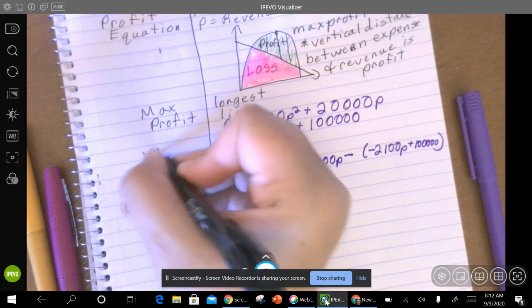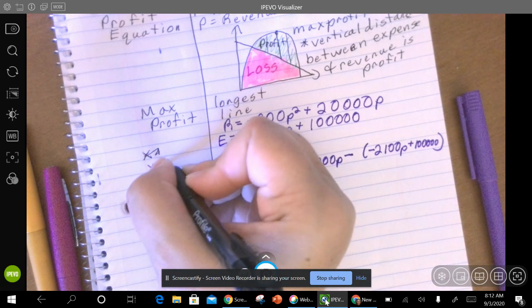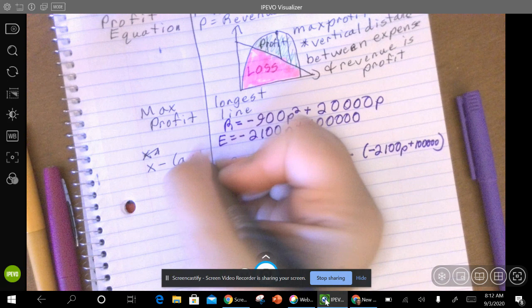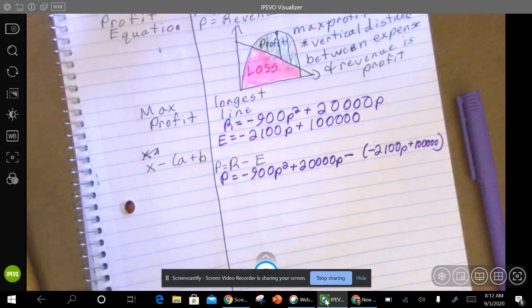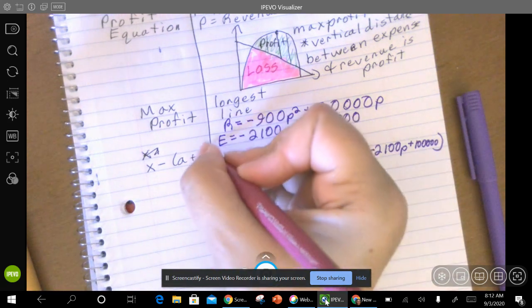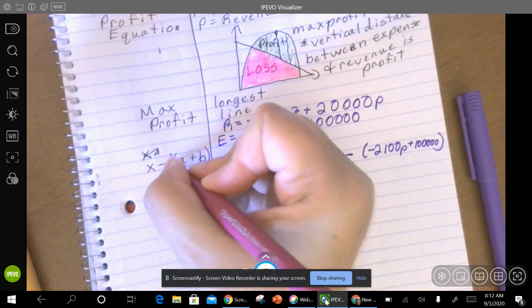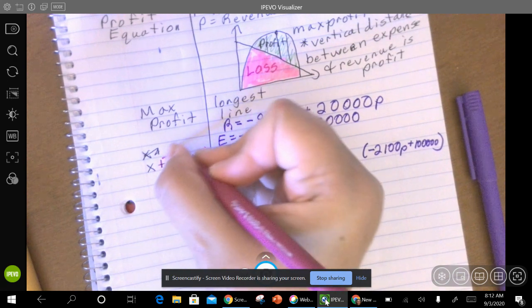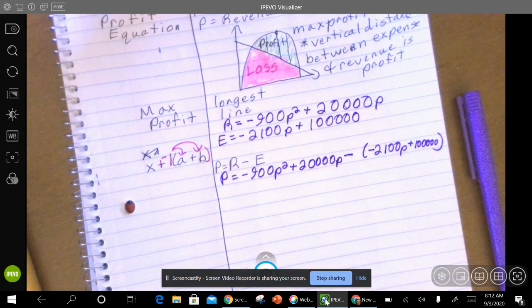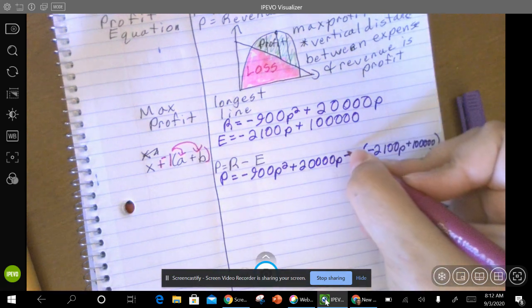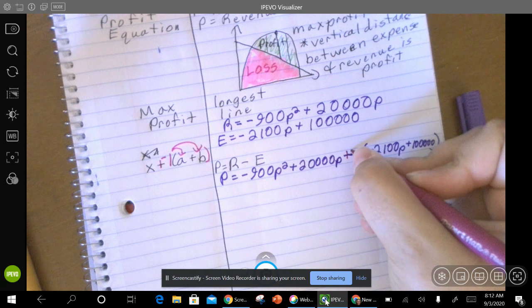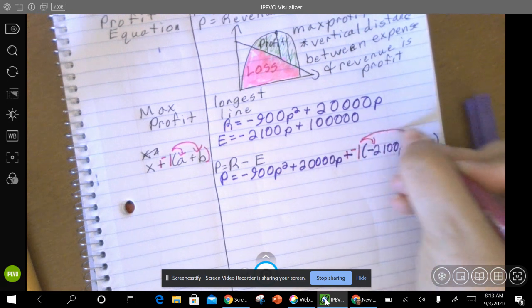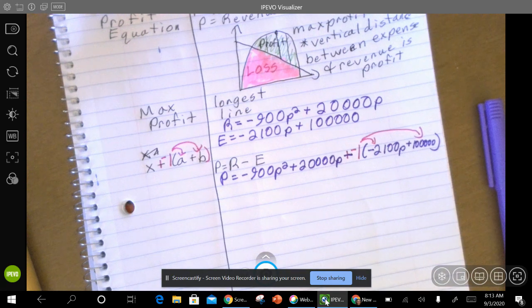So I can have x minus a plus b. Remember, it has that invisible 1 in front of it. So I can go keep, change, and then I distribute the -1. I'm going to multiply all the terms inside by -1.